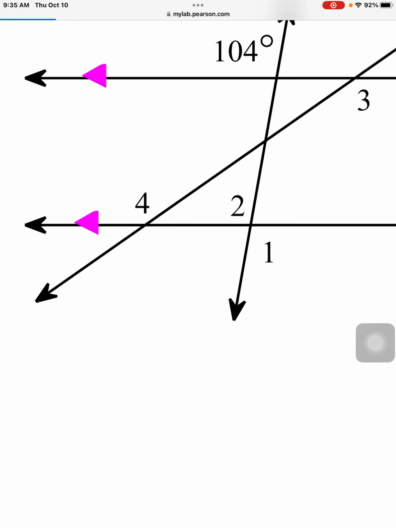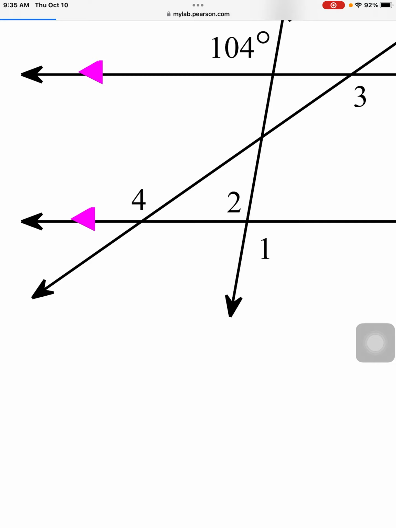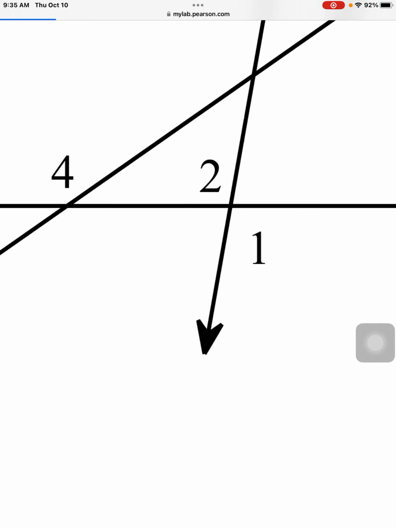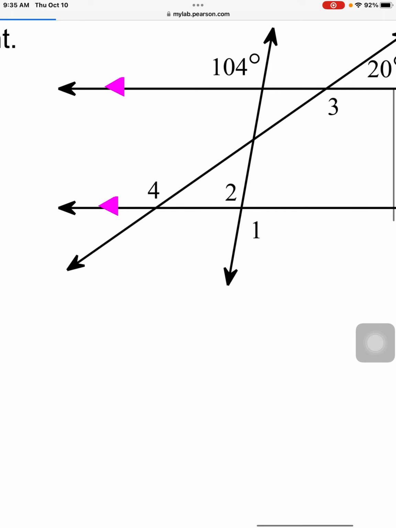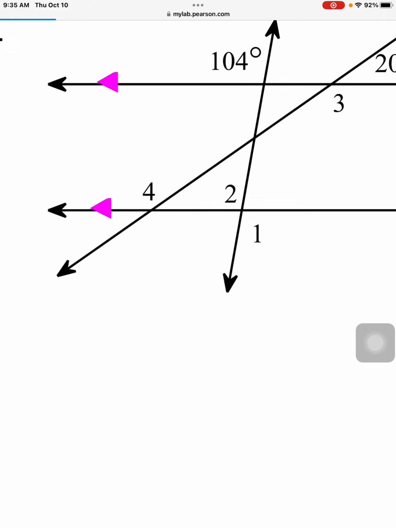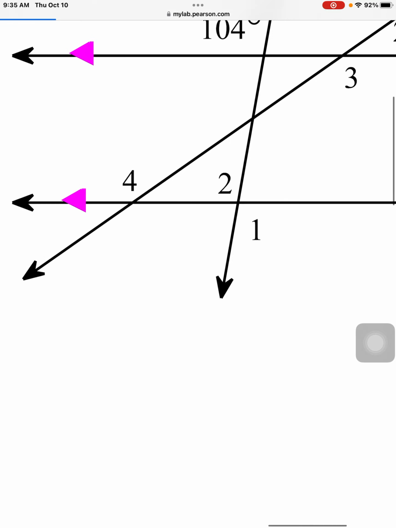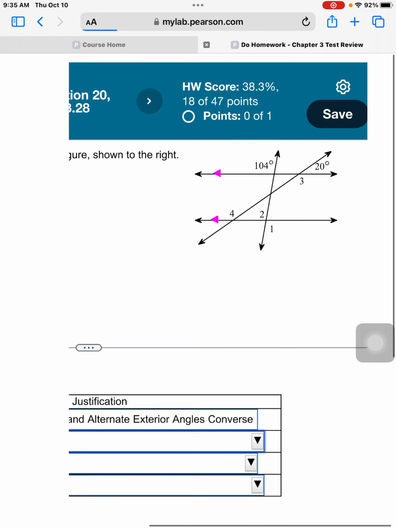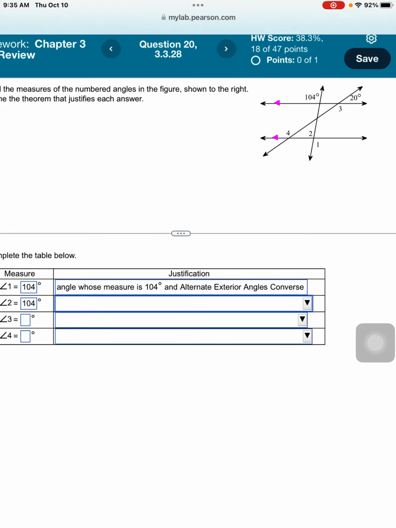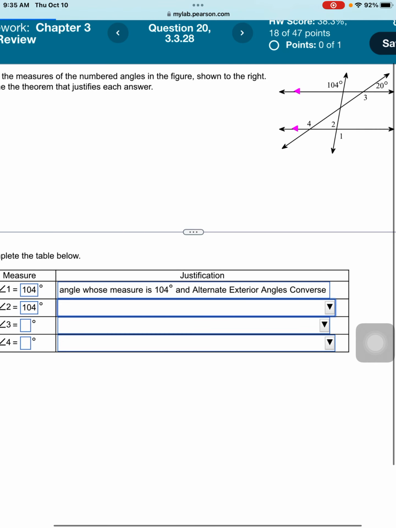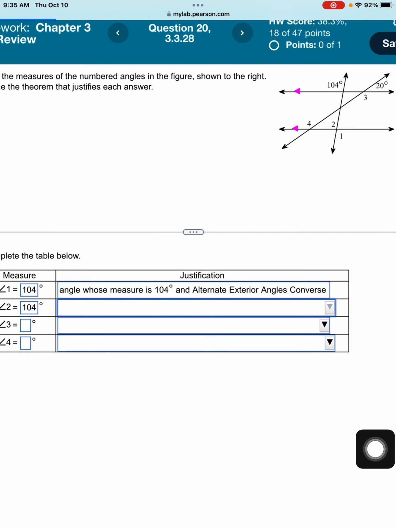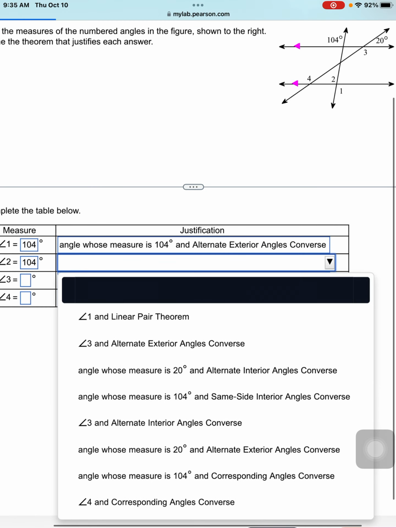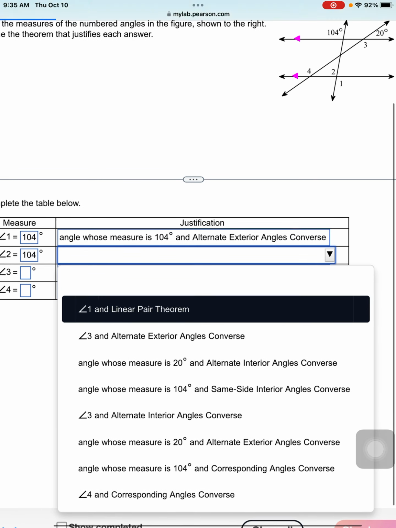Because 1 and 2 are vertical angles, and if I know my measure of angle 1, my justification is measure of angle 1 and vertical angles. So I could either say measure of angle whose measure is 104 and corresponding, or measure of angle 1 and vertical. Let's see which one it gives me. It'll never give you both, so don't even ask that. It will not give you both. So, okay. 1 in linear pair, nope.